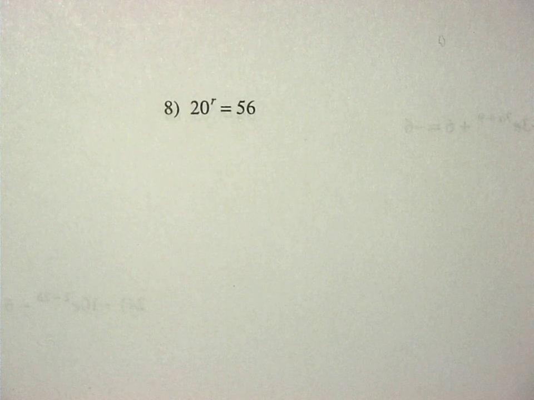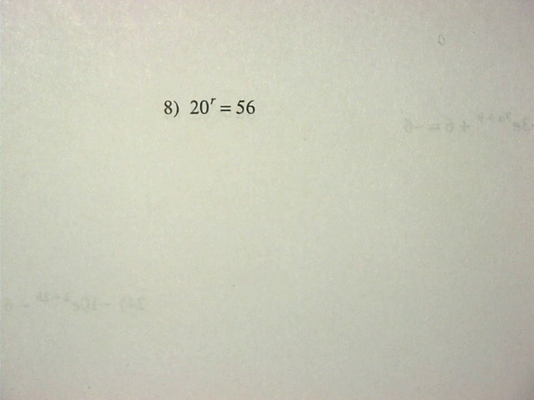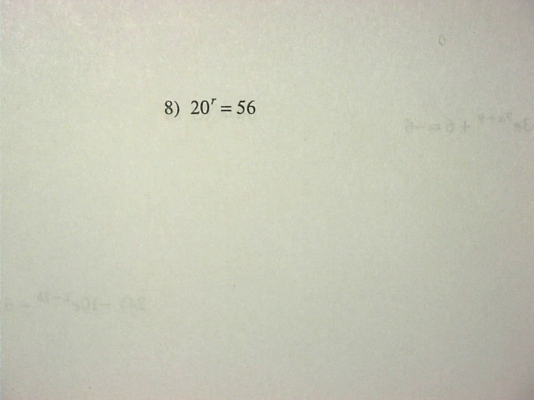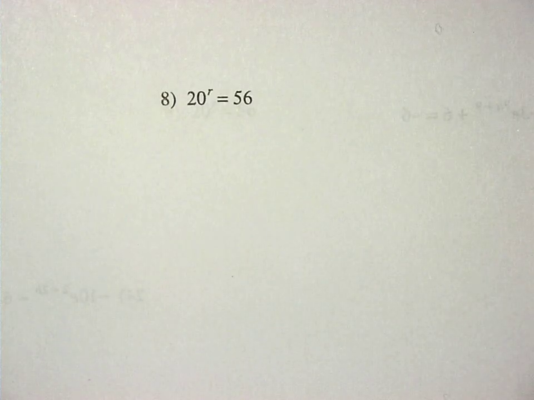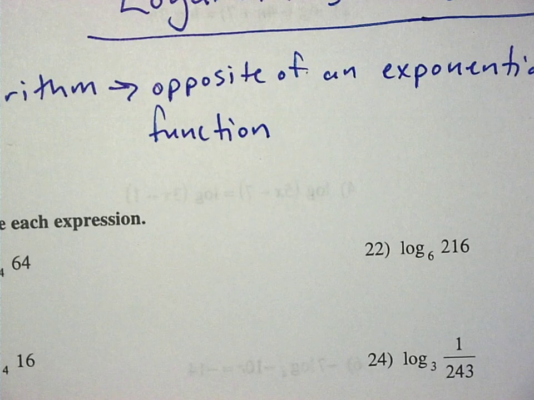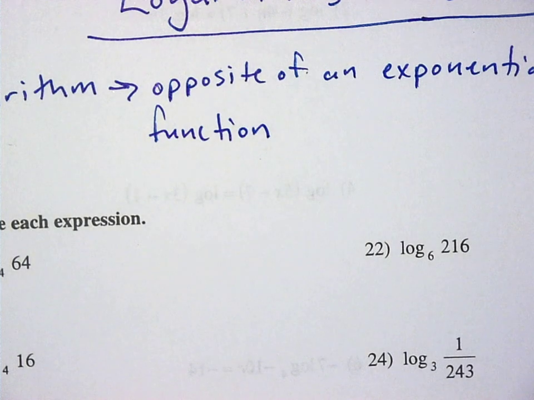What's 20 to the first power? 20. What's 20 squared? 400. So it's definitely somewhere between 1 and 2. But otherwise, you'd just be guessing, right? You'd start being like, I don't know, 1.1, 1.2, 1.156, and just start guessing. But a logarithm can tell you exactly what that answer is. So anytime there's a variable in an exponent is when you end up using a logarithm.